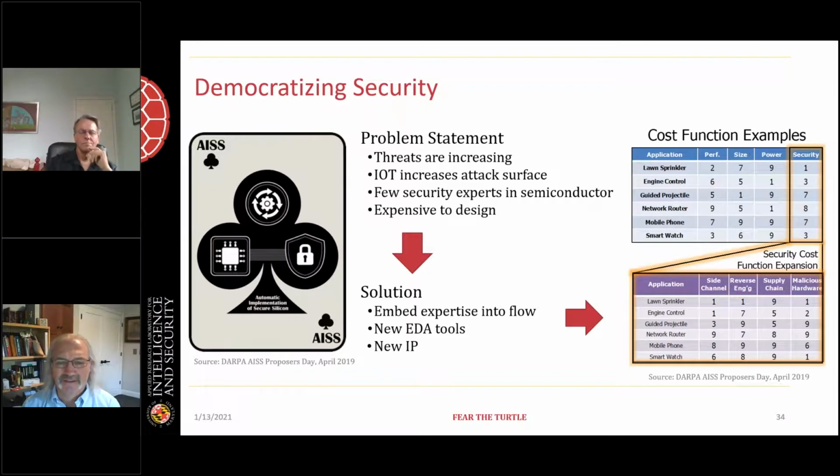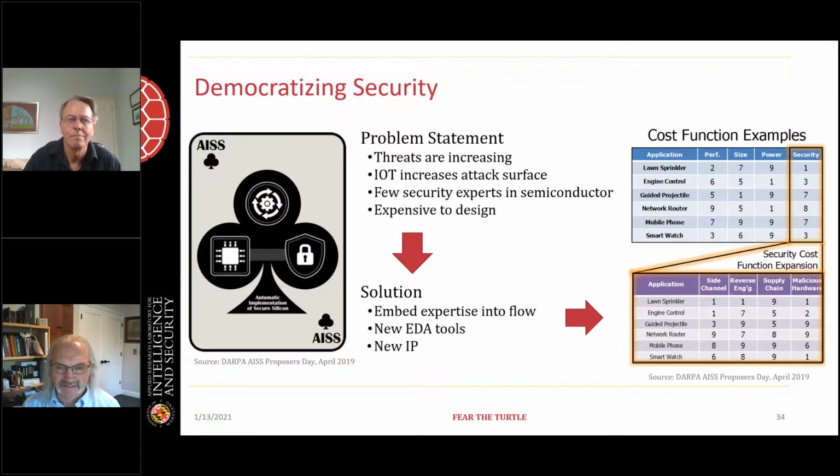The SolarWinds hack, the big hack that's in the news now, is an example of an attack that's designed to leak information from these servers that were infected by this Trojan.